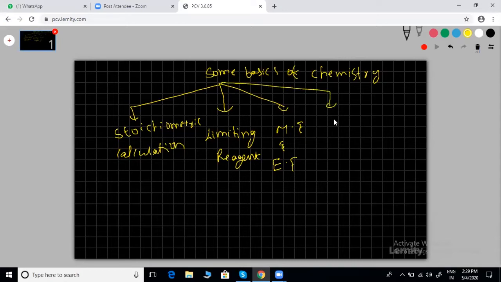And one more, concentration methods of solution. We already discussed solutions and concentration methods in previous classes. So these are the main concepts here.